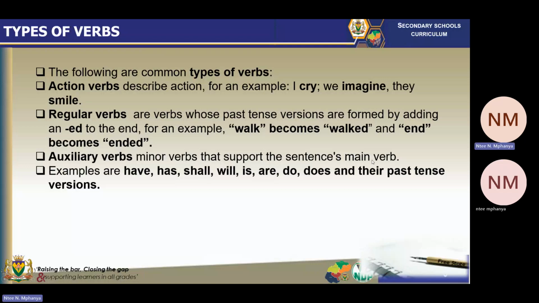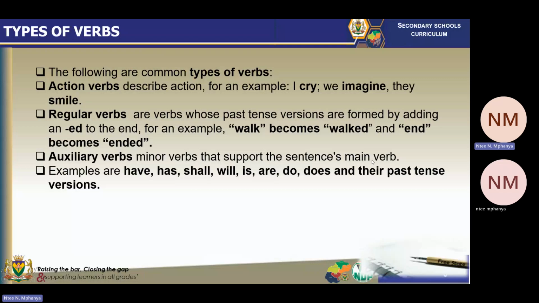We have collective nouns. These are nouns which refer to a specific grouping. For example, we have a phrase here, pride of lions. Our collective noun here will be pride. We have concrete nouns. These are nouns which one can see or touch, for example, I can see and touch the book. We also have abstract nouns.